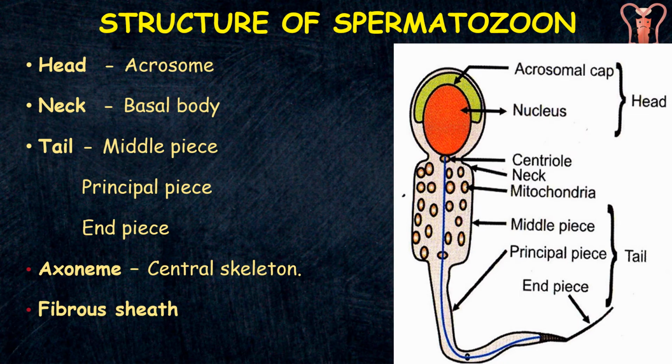In the middle piece region, the proximal part of the tail, the fibrous sheath is surrounded by spirally arranged mitochondria, which are abundant. These mitochondria synthesize the ATP, which supplies the energy for the motility of the tail.